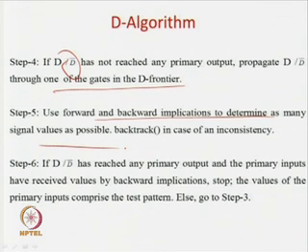At any point, if you get an inconsistency, that is, you require a 0 or a 1 but the signal is the other way around, that is, you want 1 but the signal is already 0 and the other way around, then you have to say that it is not possible to justify the gates in the J frontier, and you have to backtrack and use some other option which is left.